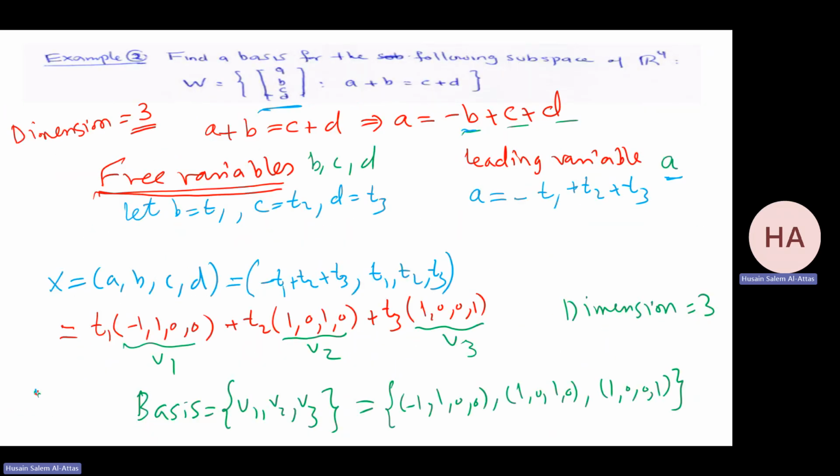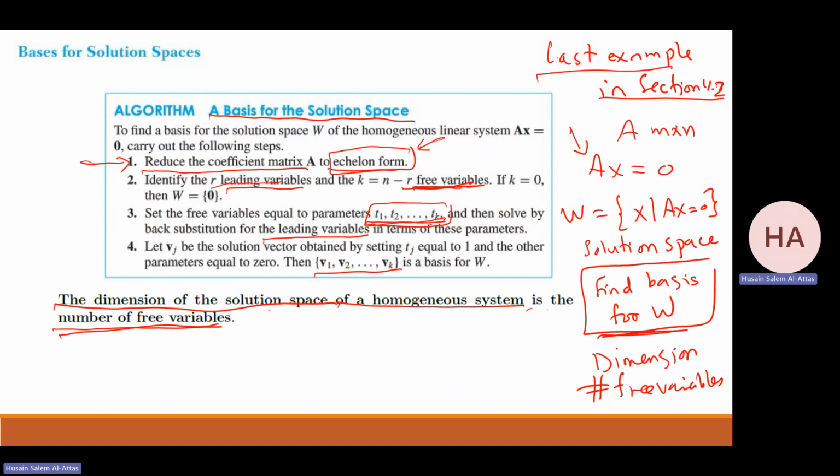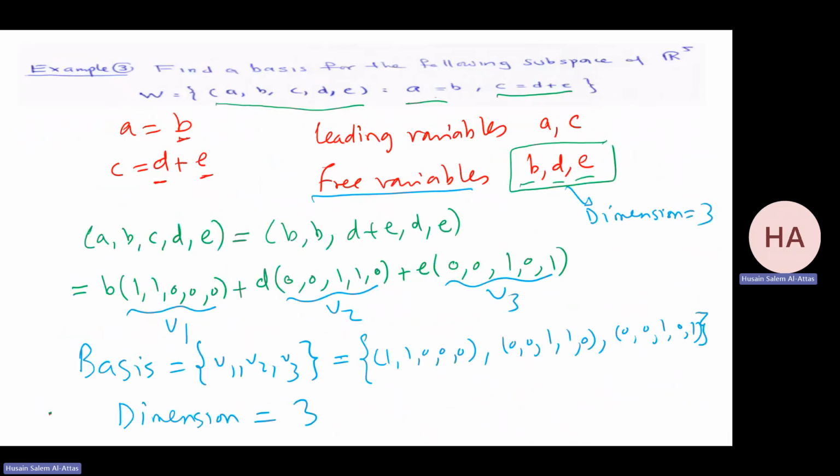Find the basis for the solution space. Yes, I need to reduce the matrix. I need to follow this procedure: reduce the matrix, find the leading variables, and then write the leading variables in terms of the free variables. Okay, so do the matrix. I have 1, minus 4, minus 3, minus 7, and this is 0.